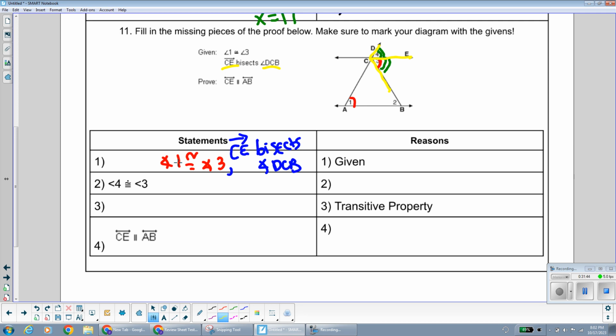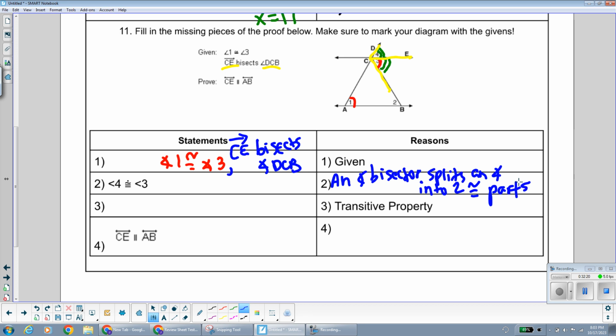And I see that here. That's number 2. Now that we thought about it and we marked it in the diagram, we see that conclusion for ourselves. We're not just trying to figure out where this came from. We see it now. And now we can put our reason in our statement reason chart. An angle bisector splits an angle into 2 congruent parts.